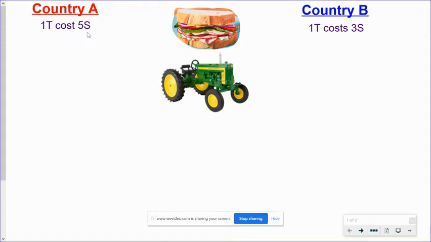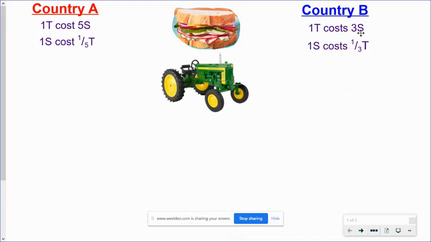To find the cost of one sandwich, I just use some mathematical reasoning. Algebraically, I can divide both sides of these by 5, and that tells me how much one sandwich would cost. Over here, divide both these numbers by 3, and that will tell me what one sandwich will cost. What I see is that for country A, it's going to cost them 5 sandwiches to produce one tractor.